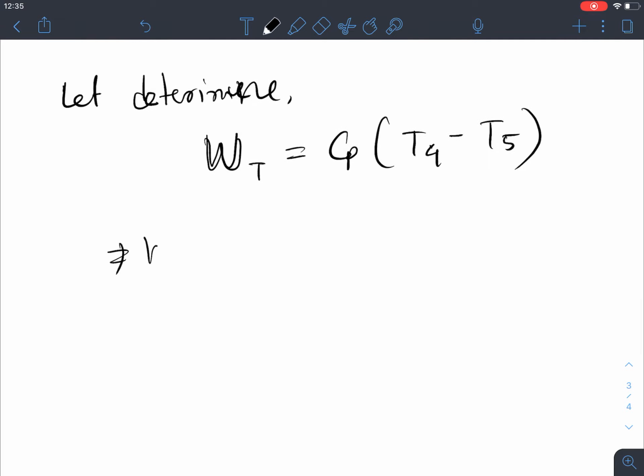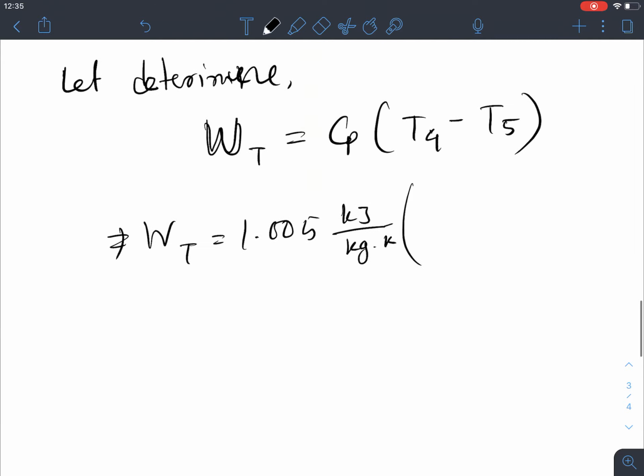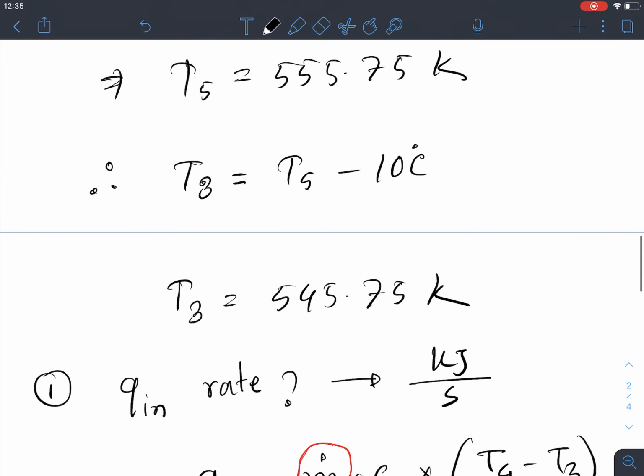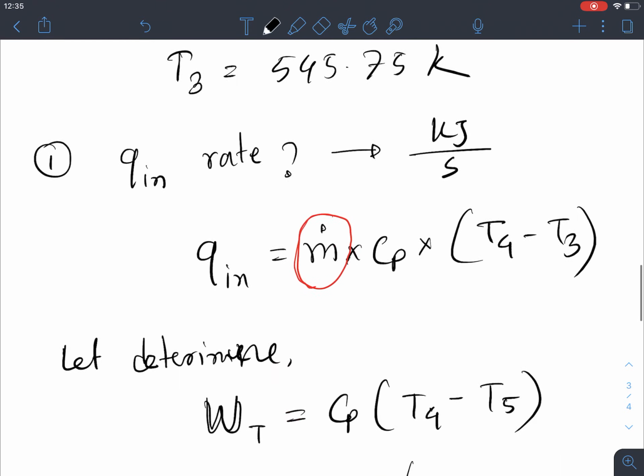We know all of this information: 0.15 kilojoule per kg per Kelvin times T4, 800 degrees C. If we convert it in Kelvin, it will become 1073 Kelvin minus T5, which we just determined, 555.75.